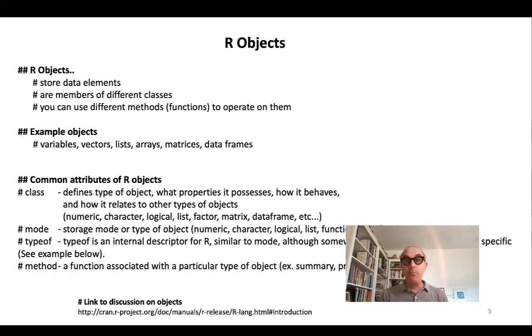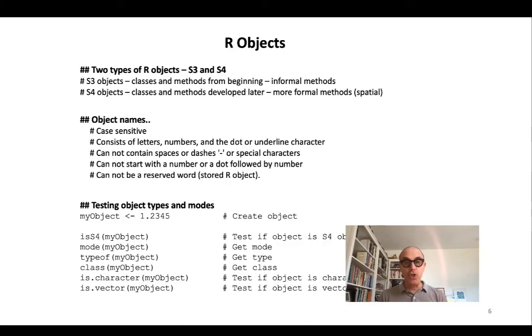A common attribute of R is a class, which can be the type of object, what properties it holds, how it behaves, how it relates to other objects, and it can be the mode, which is the storage mode of the type of object, and the typeof is the internal descriptor of R. And the method is a function associated with a particular type of object.